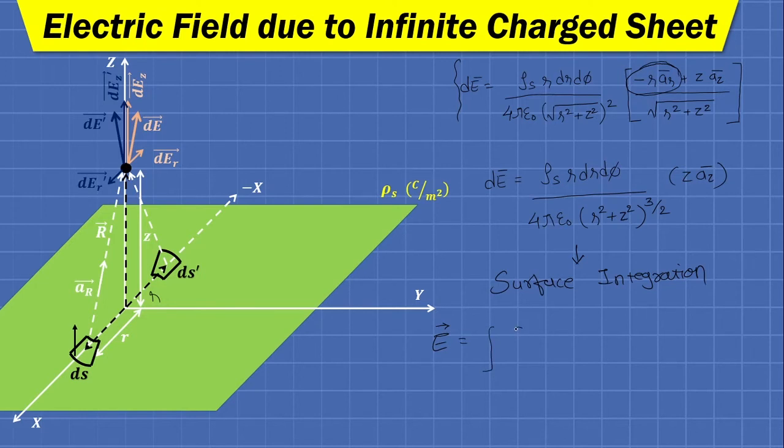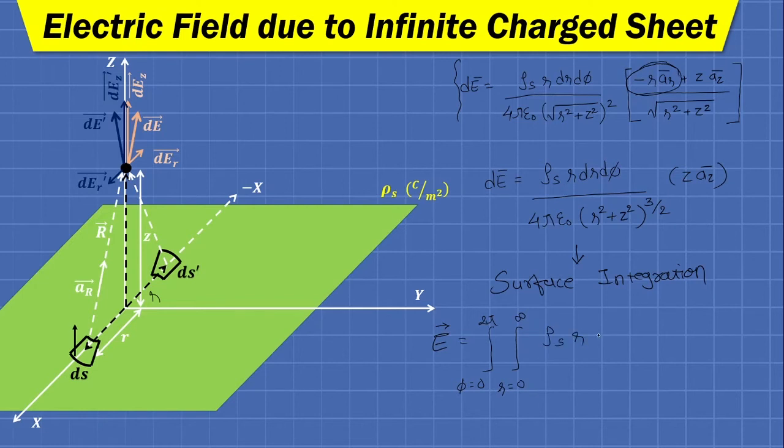So we are going to take double integration, because see here the reference variables are 2, r and phi. So we know for infinite sheet the radius of cylinder will vary from 0 to infinity, and the angle will vary from 0 to 2 pi. So these are our limits for the integration.